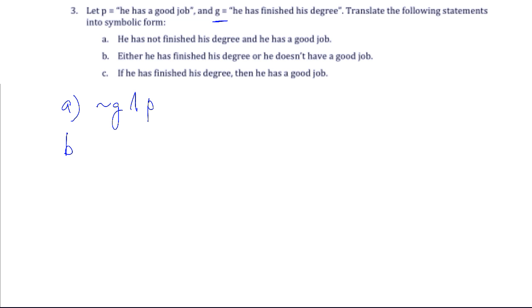For part B, either he has finished his degree, either G, or he doesn't have a good job, or not P. Notice that this is equivalent to P implies G. We've worked on that, and the logic here is that either P or not P is true.